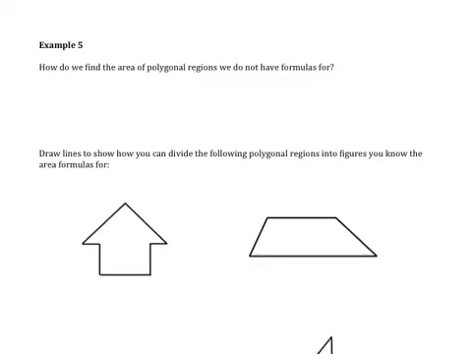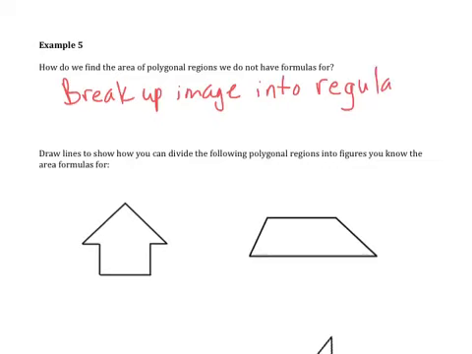Finally, we might get to polygon regions that we don't have formulas for. When that happens, what we would do is break the image up into regular shapes, the things that we do have formulas for.